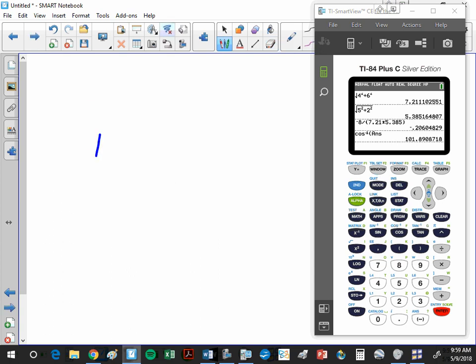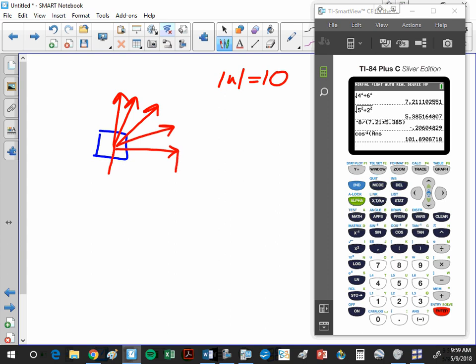So basically, let's say I had a weight, and I had a bunch of vectors that had a magnitude of 10. So each one of those vectors has length equal to 10. Okay? So how far did the weight get pulled on the first vector? 10, because all of my force was going in the right direction. Okay? Well, what if I did this vector. Then if I draw a line straight down, I really only pulled it that far.